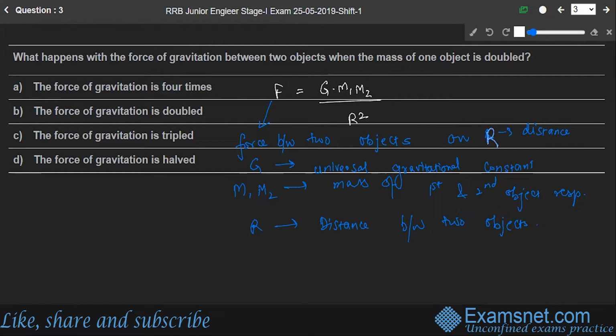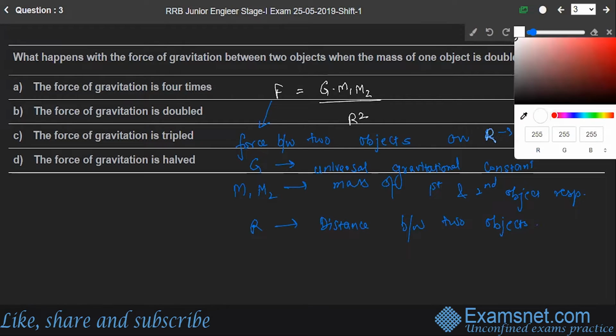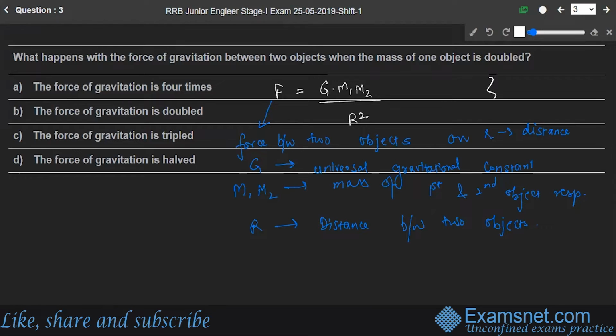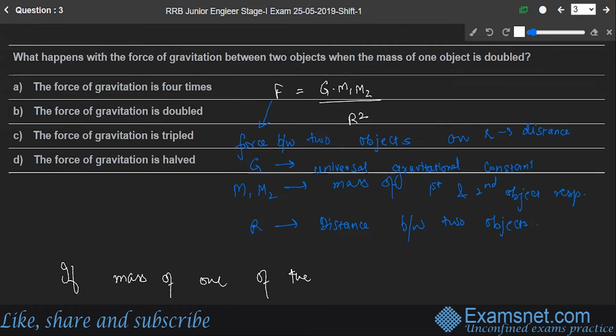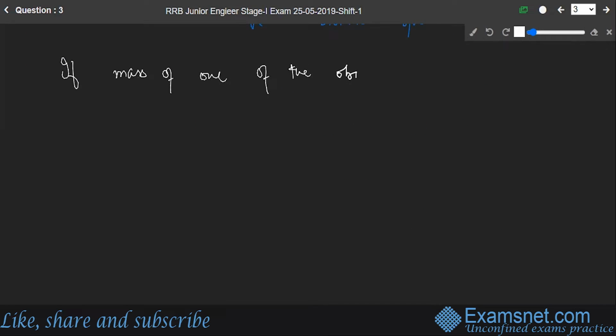It says if mass of one of the objects is doubled, right?